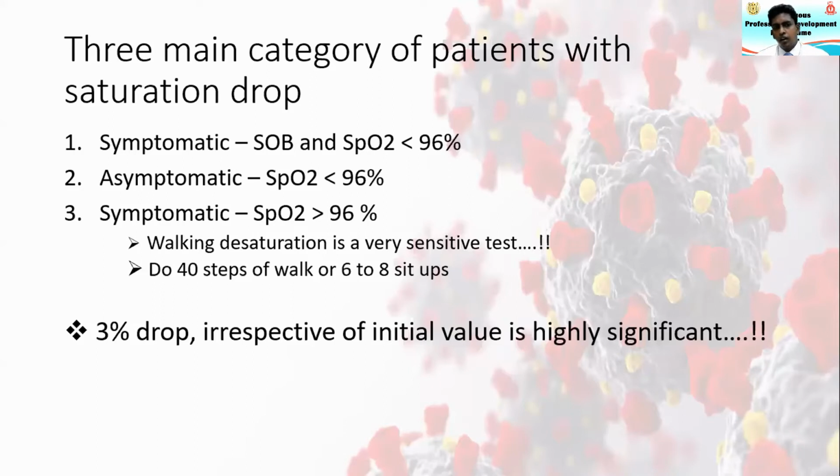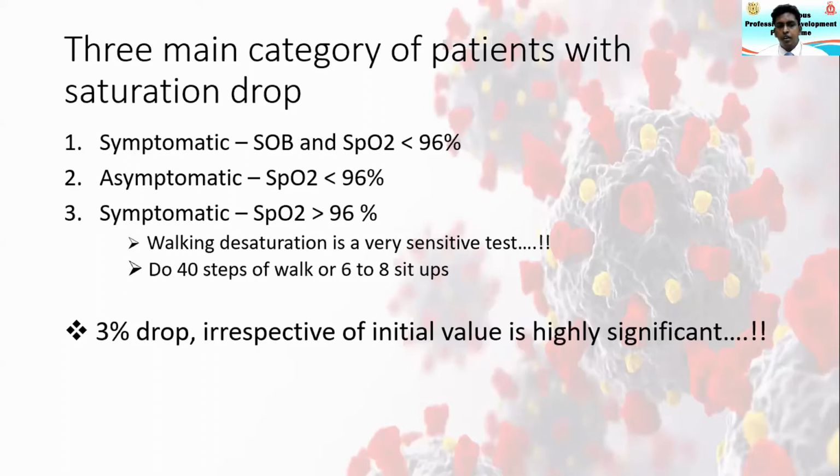So there are two ways to test exertional desaturation. One is walking 40 steps or doing 6 to 8 sit-ups. After you do it, you immediately check the saturation. If it's a COVID-19 involved patient, you will definitely see more than a 3% drop.